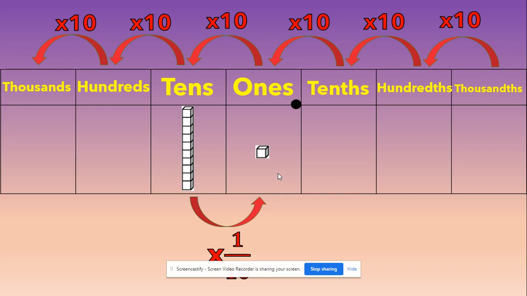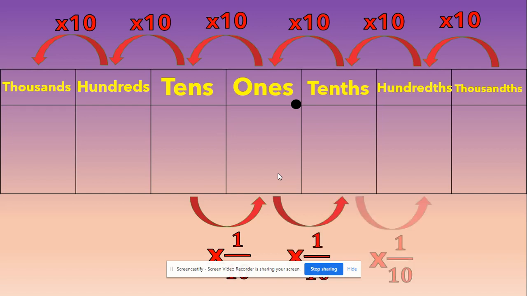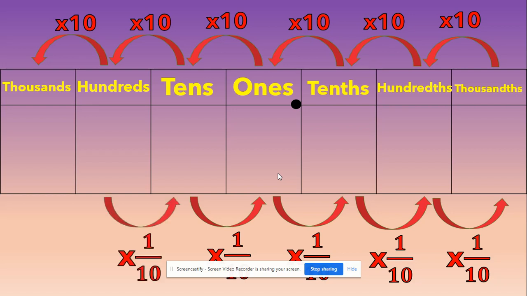So the ones place is 1/10 as large as the tens place. Similarly, the tens place is 1/10 as large as the hundreds place. The hundreds place is 1/10 as large as the thousands place.